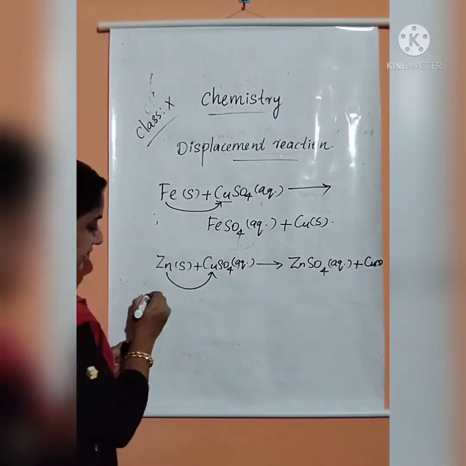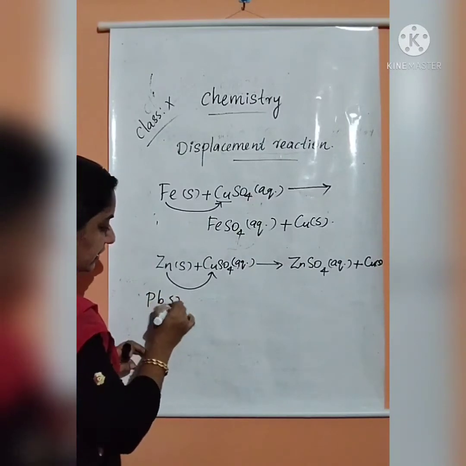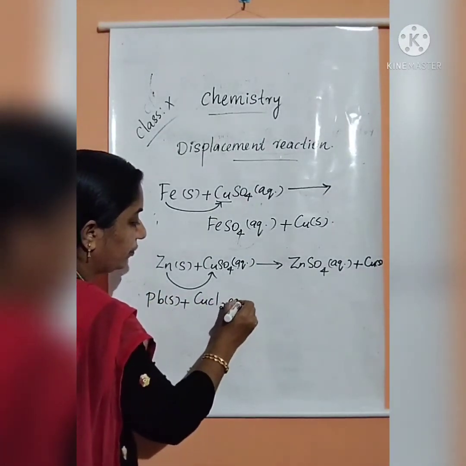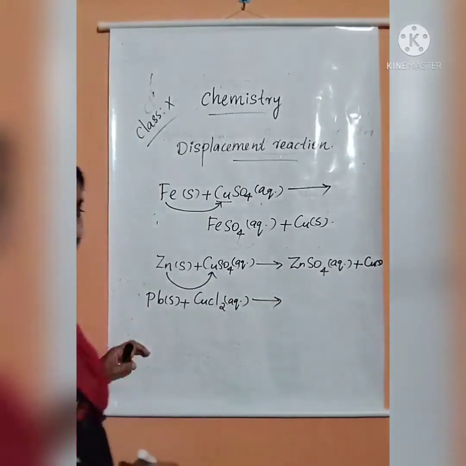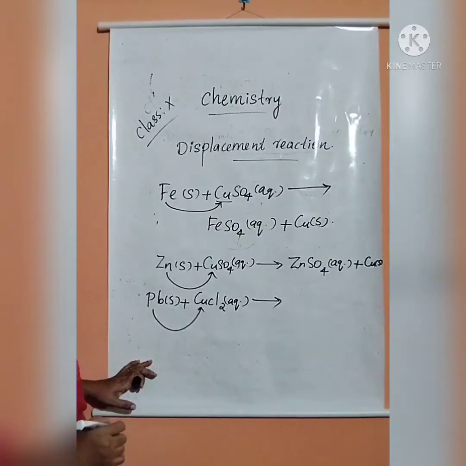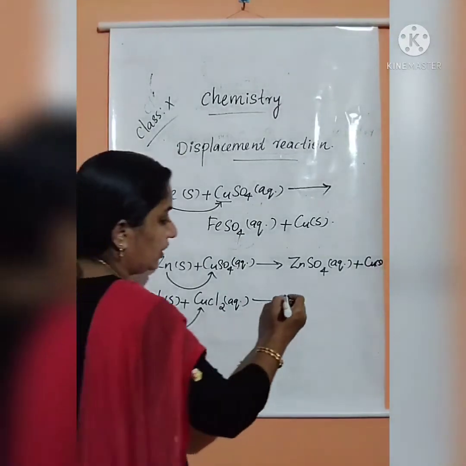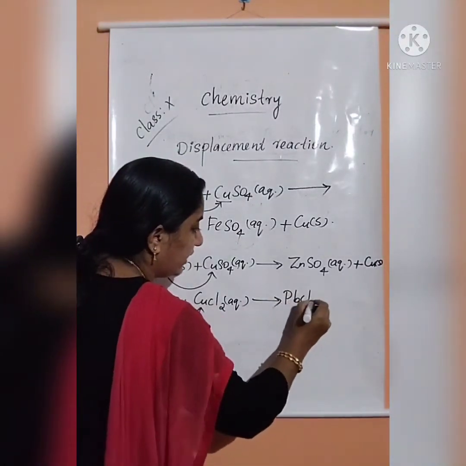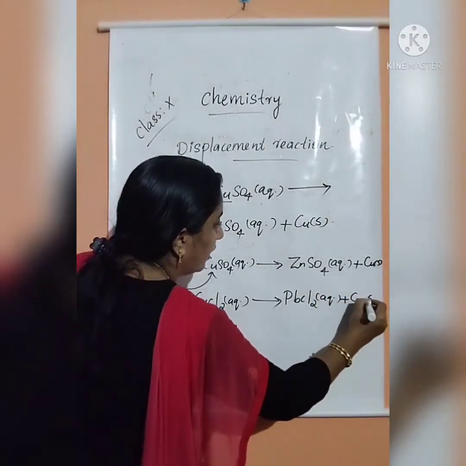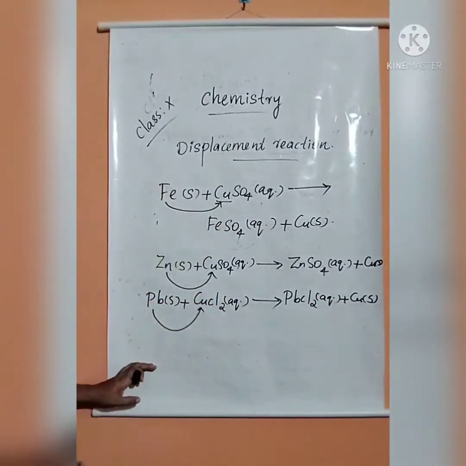Another example, lead. Lead is a metal that reacts with copper chloride solution. Here also lead displaces copper from copper chloride, so lead chloride and copper are formed. Pb means lead.